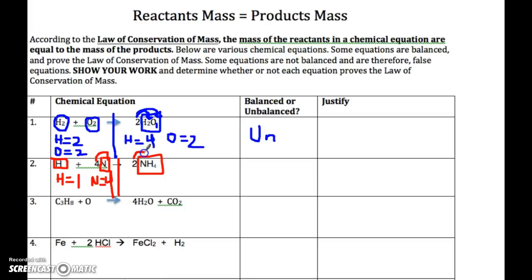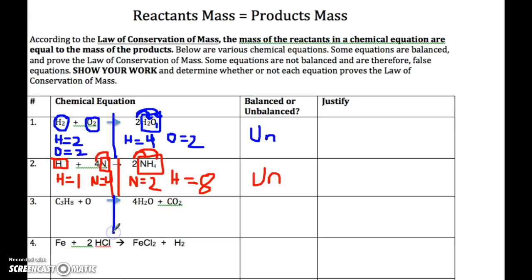I have a coefficient and I multiply it times everything inside the box. 2 times nitrogen, there's only 1 there, so 2 times 1 nitrogen atoms means I have 2. 2 times 4 hydrogen atoms, 2 times 4 means that H equals 8. Again, this equation is unbalanced because the mass of the reactants does not equal the mass of the products. Let's do another one.